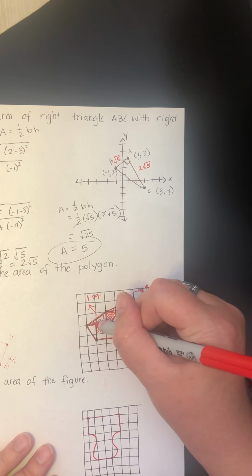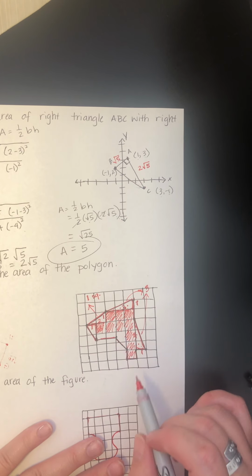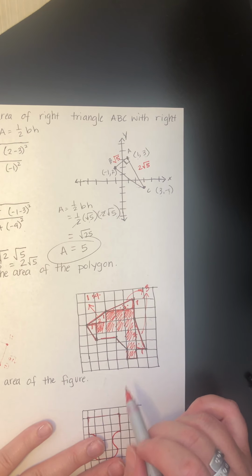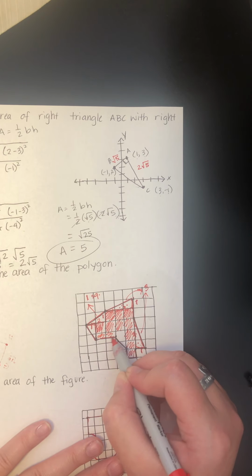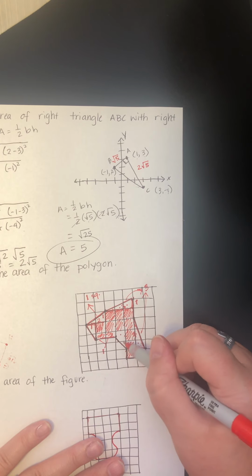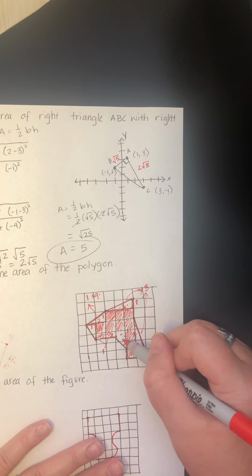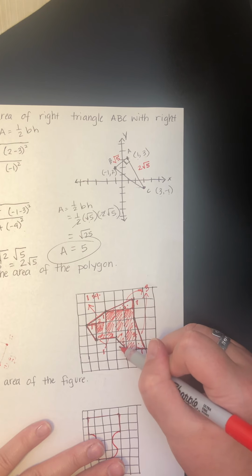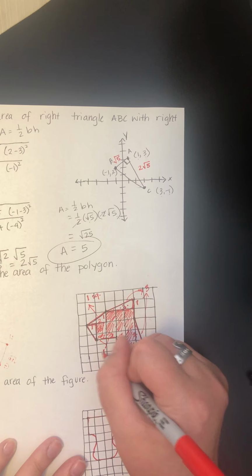So if you were to multiply the base, which is 1, and the height, which is 1.5, divide that by 2, and then we'll add all these together. So 1.5 divided by 2. And let's see, this is about half of a square. This is half of a square. It makes 1. And then this one right here, if you were to put them together, it makes 1. These two. Okay, so we have 3 more right here.